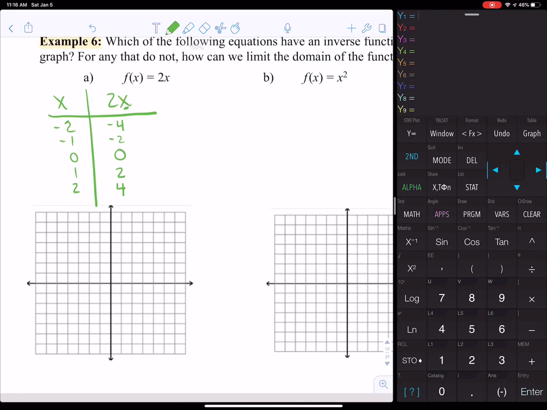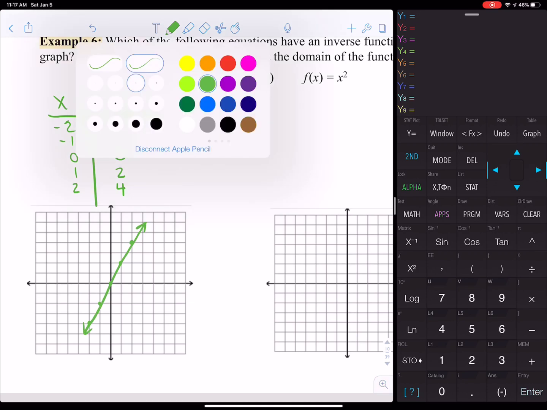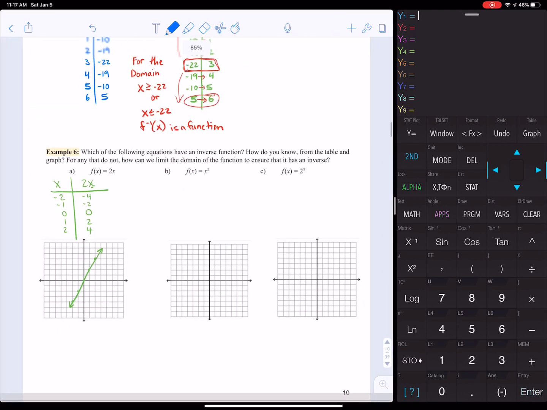So we have -2, -4, right about there. -1, -2, 0, 0, 1, 2, and 2, 4. And then just sketch our line. The inverse of that can always be found by just switching x and y.